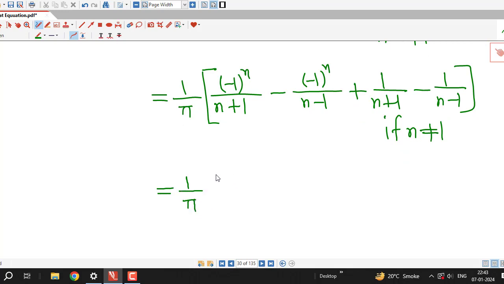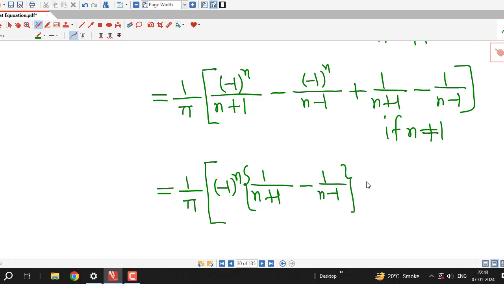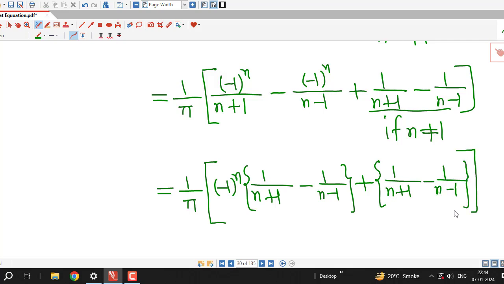Now this becomes 1 over pi. Here now I can take this minus 1 raised to n common, and in the bracket I can write 1 over n plus 1 minus 1 over n minus 1, and these two also I can write in the bracket, for n not equal to 1.